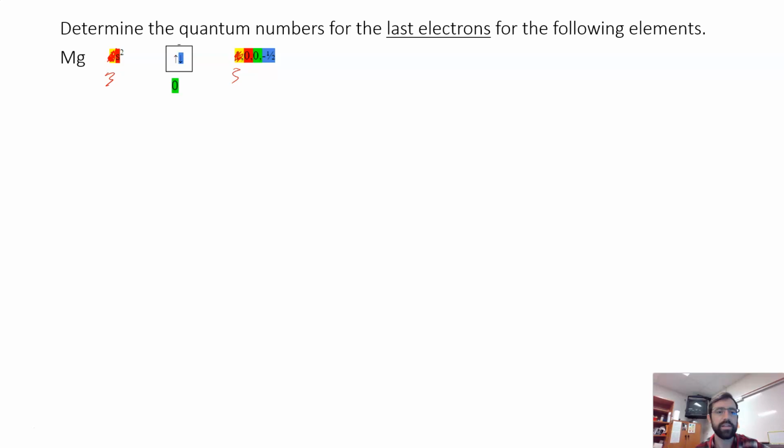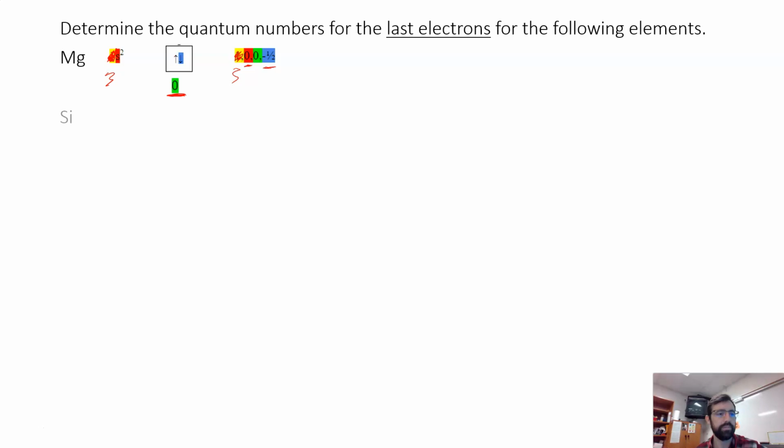And then S is the 0 sublevel. So because it's S, that tells me it's 0. And then we draw the orbital diagram. We have the up arrow, the down arrow. Remember, the central orbital is always assigned a number of 0, and then negative 1/2 for a down arrow.